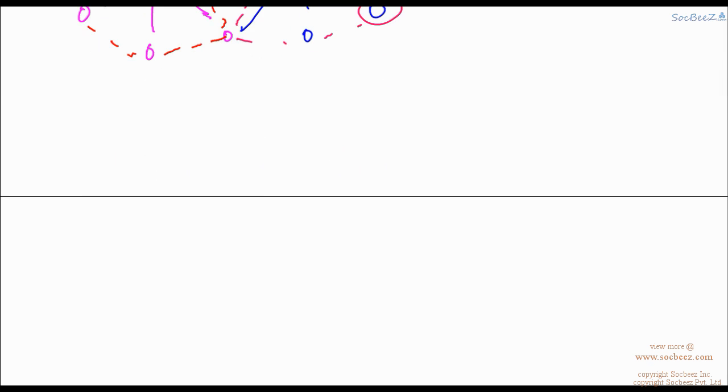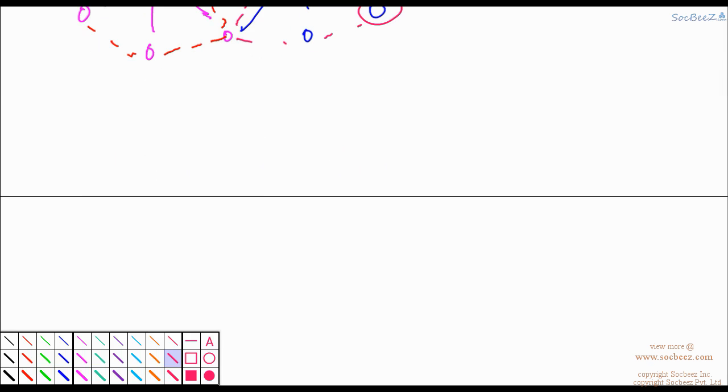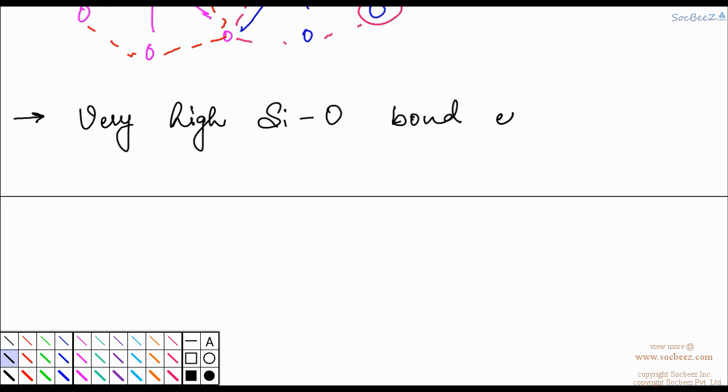Silicon dioxide is very unreactive in nature. It has a very strong silicon oxygen bond enthalpy. The Si-O bond enthalpy is very high, so it is non-reactive.